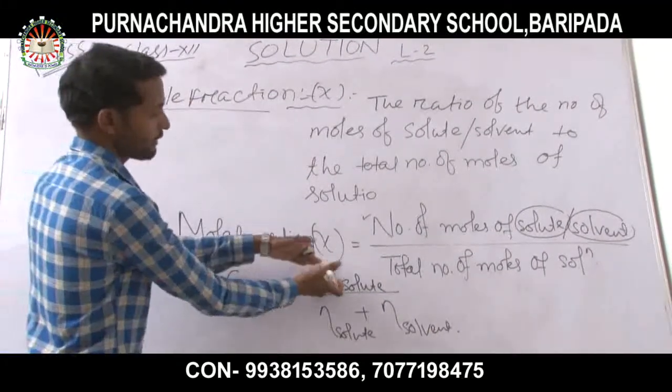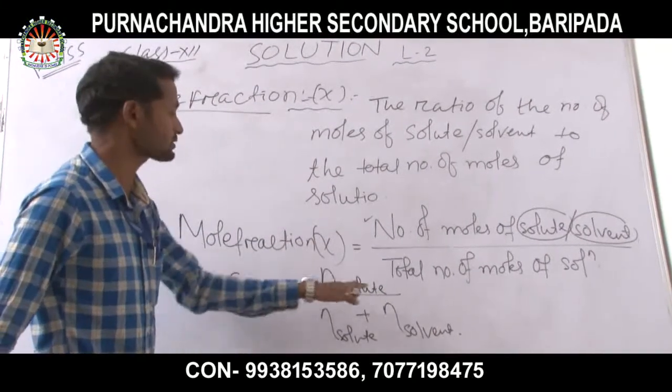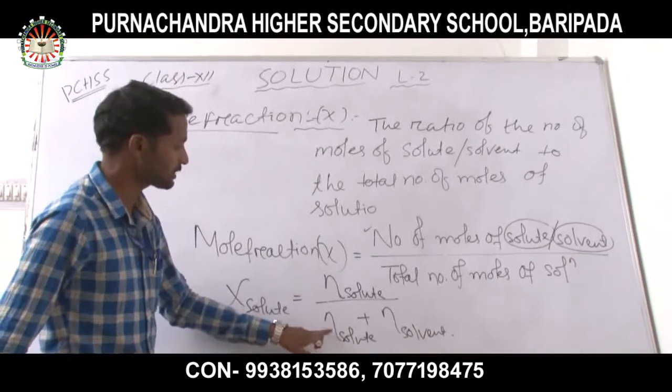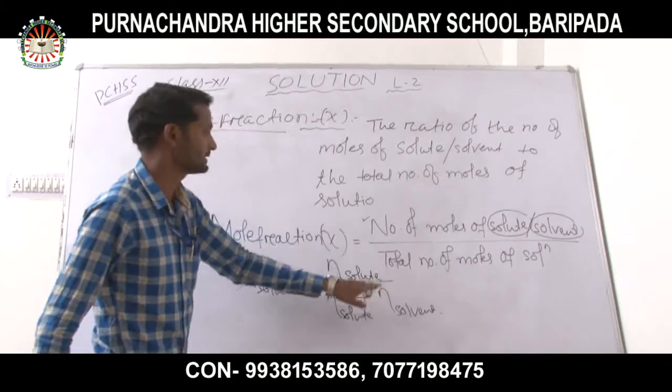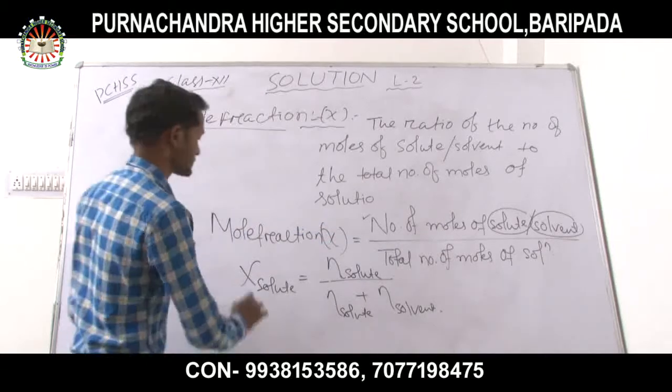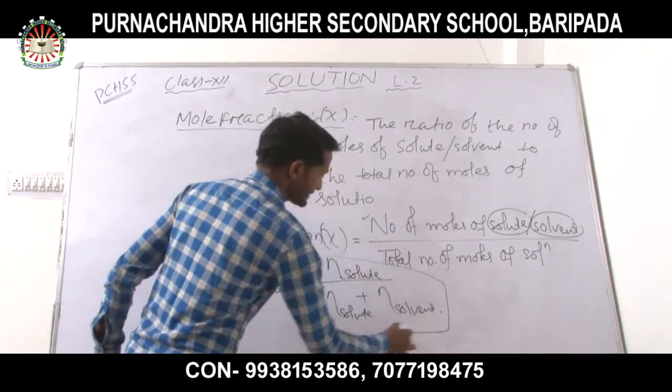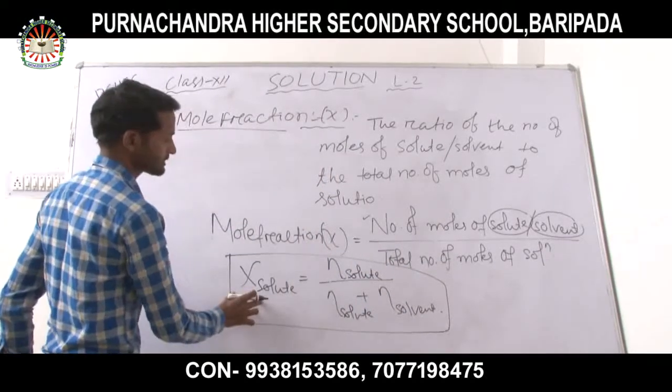That is the number of moles of solute plus the number of moles of solvent, which is the number of moles of solution. So that is the formula for the mole fraction of solute.